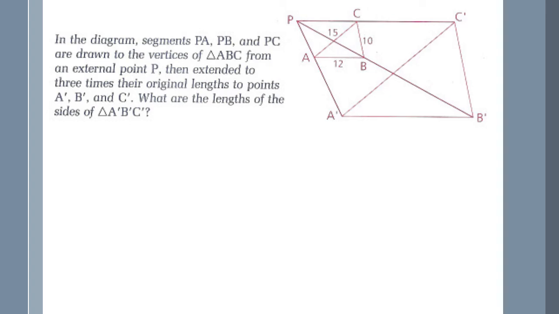The original part is extended out 3 times from P. So if AB is 12, then A prime B prime has to be 3 times that, or 36.